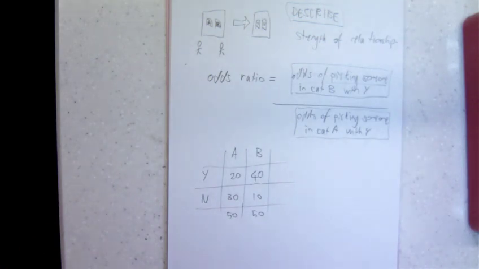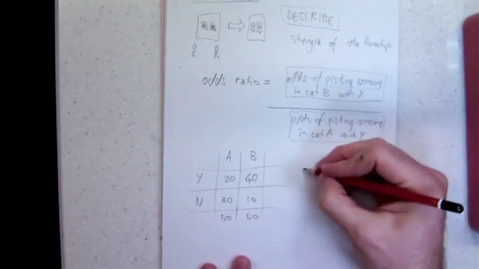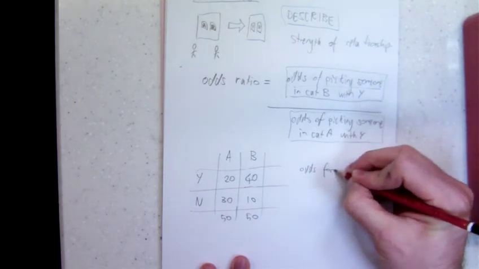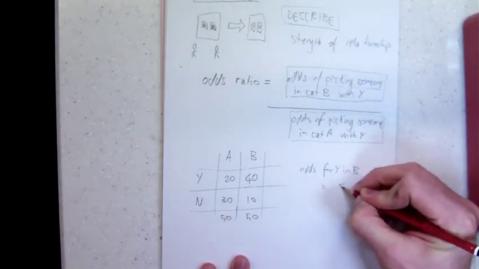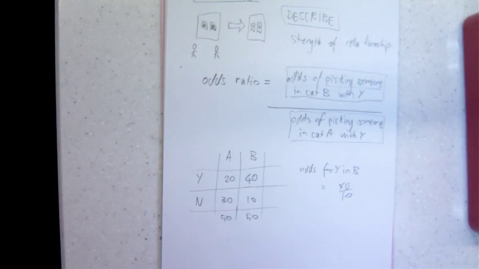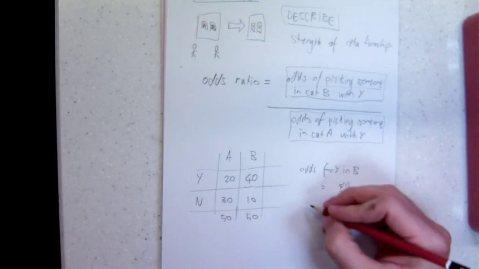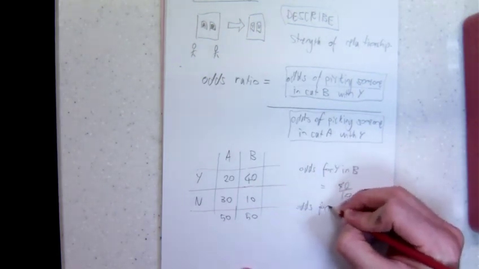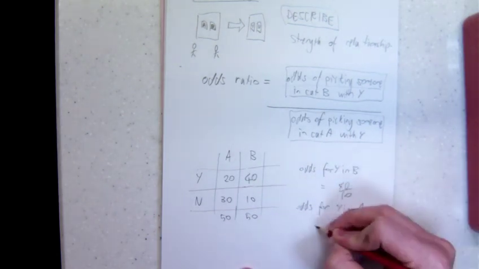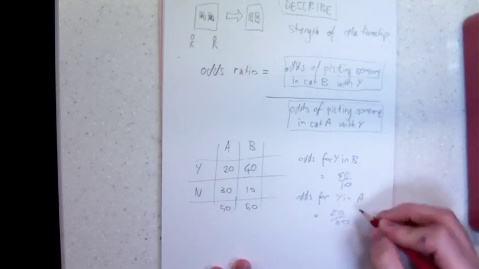So we've got a 40 out of 50 chance of picking someone in category B with a yes, but odds is actually not the number out of the total, it's the number with yes compared to the number with no. So odds for yes in category B is 40 compared to 10. There's 40 with compared to 10 without. And the odds for yes in category A is 20 out of 30.